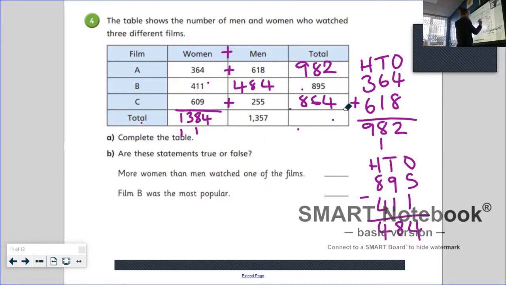And let's look at this one. 2, add 5, add 4. 2 add 5 is 7, add 4 is 11. So carry over that 10. 8 tens, add 9 tens. Ooh, this is getting really tricky. 17 tens, add an extra 1. 18 tens, add 6. 18 add 6 is 24.